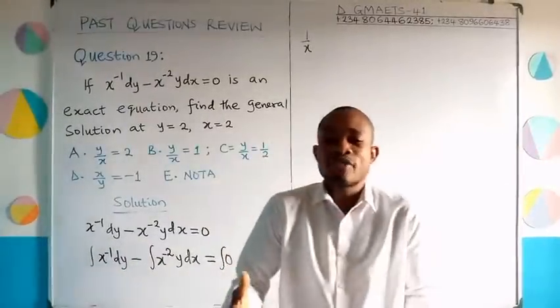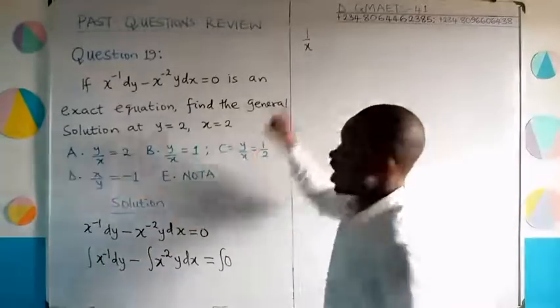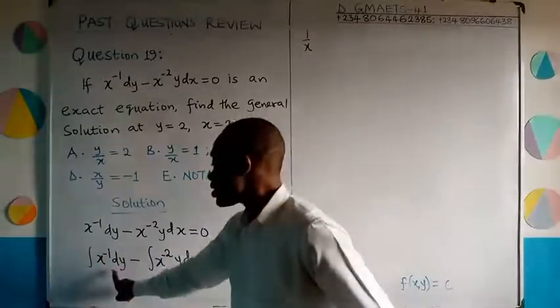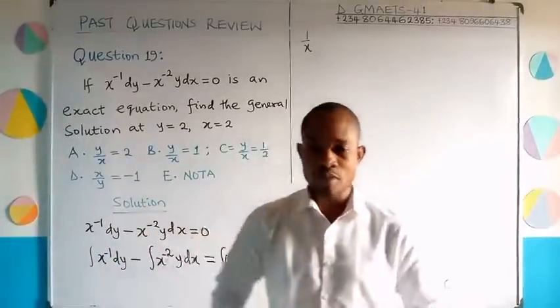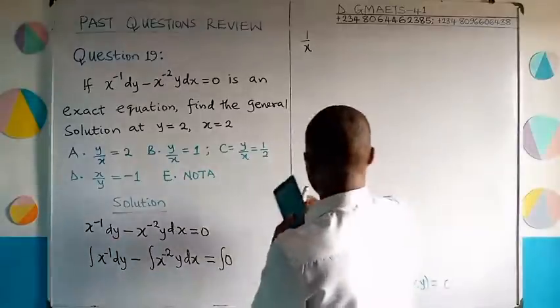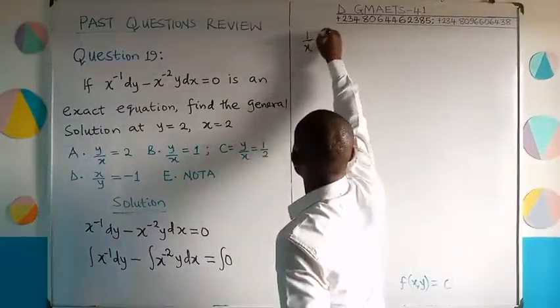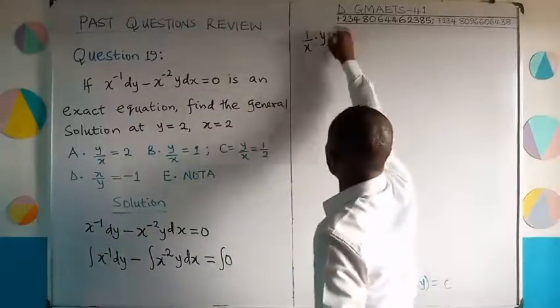So it's just like you have the x raised to the power minus 1, or 1 over x as I wrote, then integral dy. And if you have integral dy, it simply welcomes back the variable you are integrating with respect to, which is y in this case. So this is going to be times y. Is that okay? Good. And then we're done with this part.